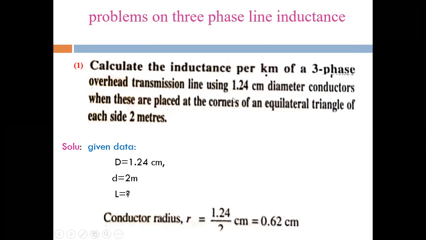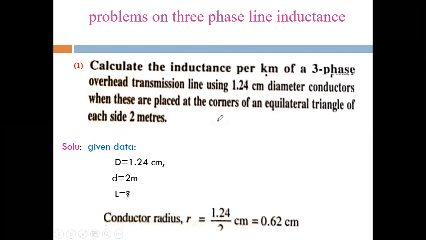The diameter of the conductors is 1.24 centimeters, and they are placed at the corners of an equilateral triangle with each side 2 meters. This is the three-phase overhead transmission system.